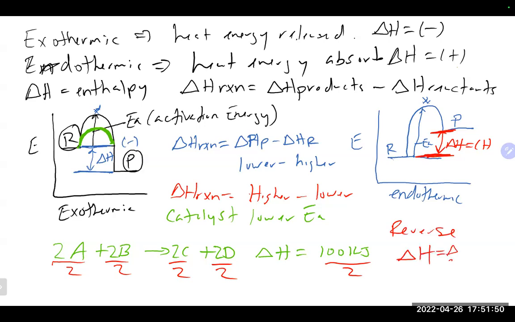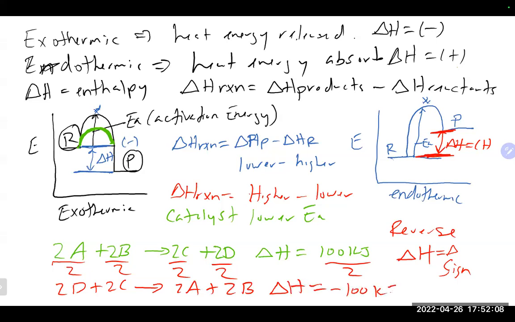So if I were to write the reverse of this reaction, it would still be 100, but it would be negative 100 if I was writing 2D plus 2C go to 2A plus 2B. Delta H value just flips sign here. So that's also obviously different than equilibrium, where you take the inverse of it.